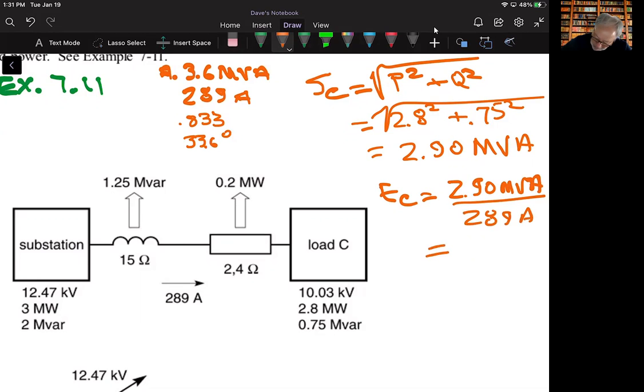So the voltage at the end of the line is 10.03 kilovolts. Now, look what we did. We determined that voltage, and we didn't do any complex circuit analysis. We only used these relationships that we're very familiar with, and we're able to determine what that voltage was across there.